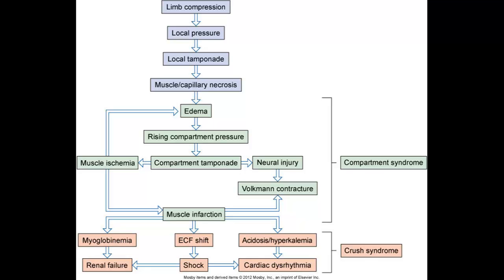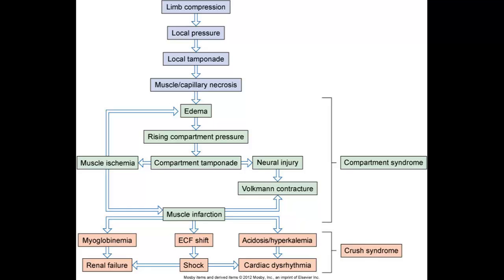Over on the right-hand side, the compartment tamponade is going to cause neural injury to the nerves, causing a Volkmann contracture. The combination is going to cause a muscle infarction. In other words, the muscle is starting to die. We're going to get myoglobinemia, which can result in the patient having rhabdomyolysis and renal failure, and an extracellular fluid shift causing shock.